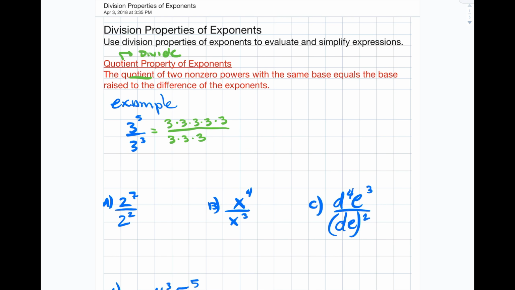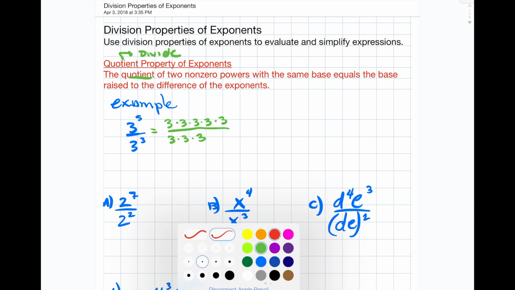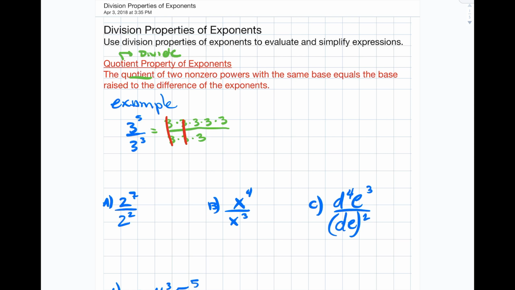Let me change color for a sec. These 3's cancel out, these 3's cancel out, these 3's cancel out, and we're left with 3 to the 2nd power, which by the way is 9, 3 times 3.